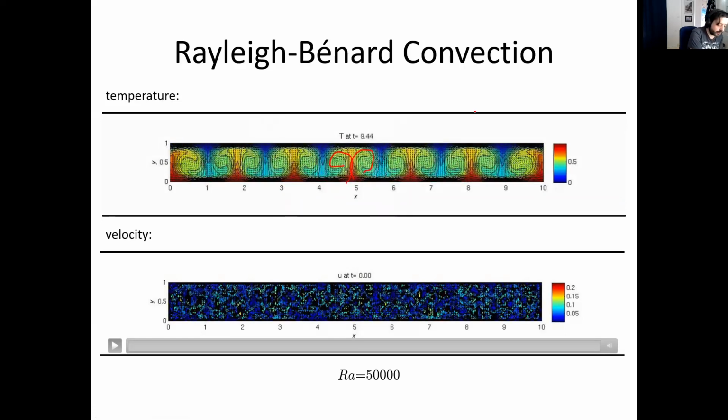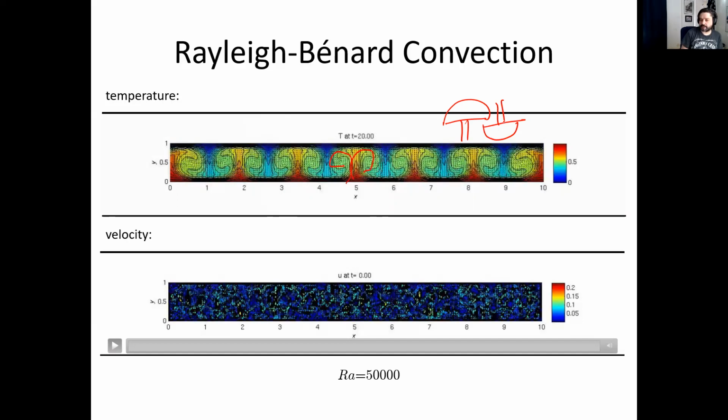And, well, I'm trying to draw something. They kind of look like mushrooms. You know, one mushroom like this, and then you have another mushroom that is kind of upside down, and so on. So these convection cells are not sinusoidal anymore, but mushroom-like, and this is a typical phenomenon of convection flows.